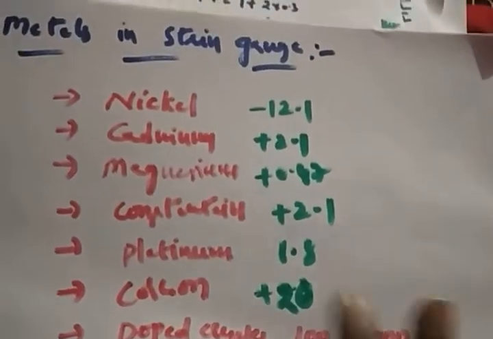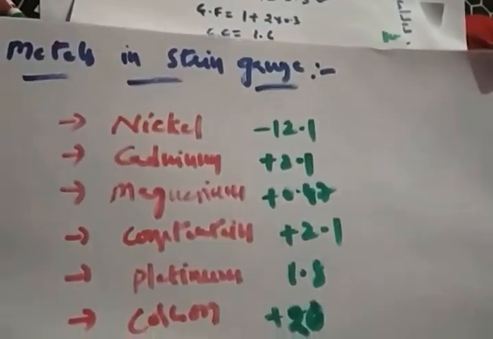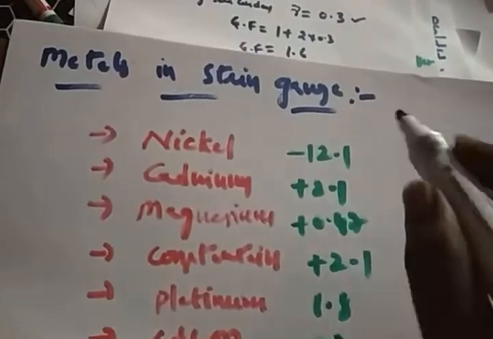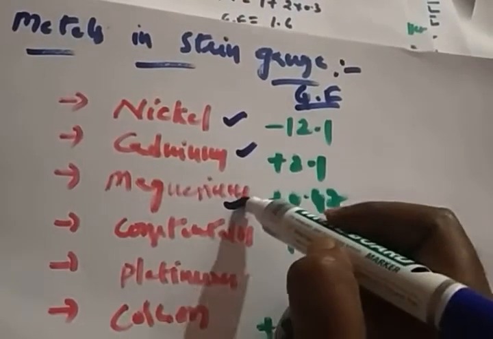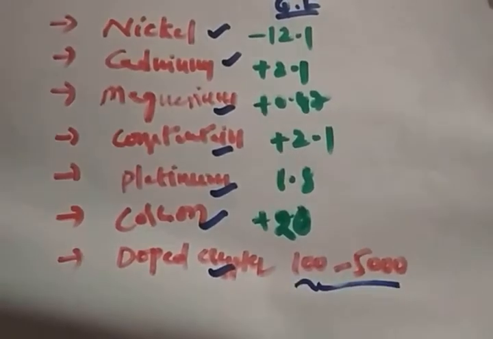So these are the various metals that we are using in our strain gauges, and these are the gauge factors. The metals are nickel, cadmium, magnesium, constantan, platinum, carbon, and doped crystals. Here the doped crystals have high sensitivity.